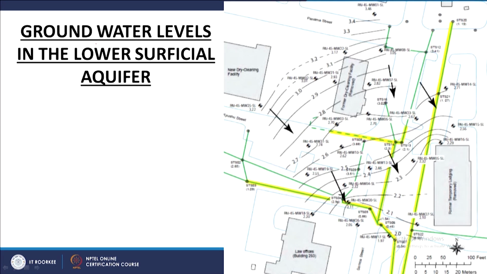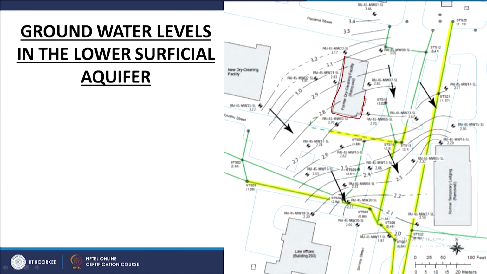We also have the groundwater levels now. Why do we need to understand this? We want to understand in which direction the groundwater is flowing or traveling. So, let us try to understand it. Here is our dry cleaning unit, and here we have 3.4, 3.3, 3.2, 3.1, 3.0, 2.9, 2.8, and so on.